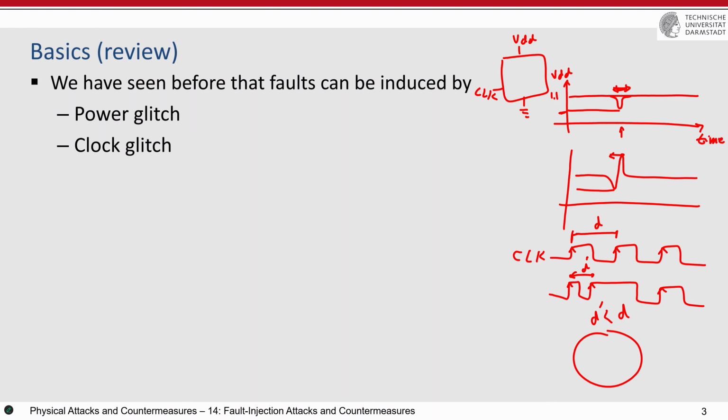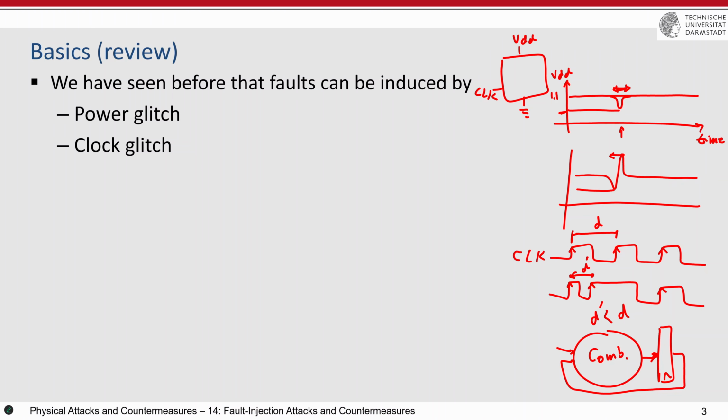If you model it as a combinational circuit which drives a register, a Mealy or Moore machine, it doesn't matter, one of them, then if you reduce this period from d to d prime, this combinational circuit may not have the output ready to be stored in the register. Then wrong values will be stored in the register.